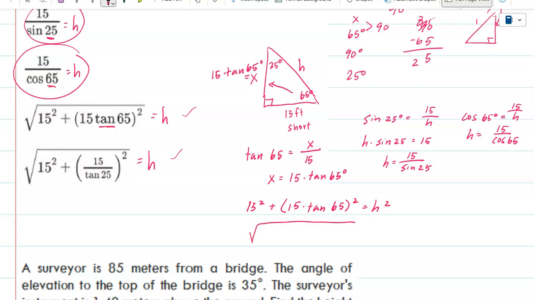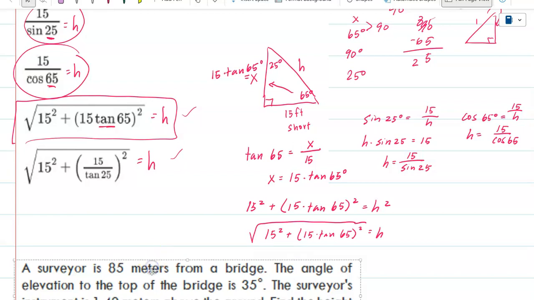And when I square root both sides, you don't take the plus or minus because you can't have negative distance. But as you can see, that matches up with this right here. So this is actually the proper way to find the hypotenuse using the information from the triangle.